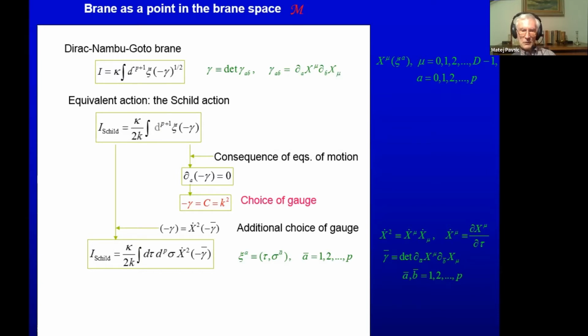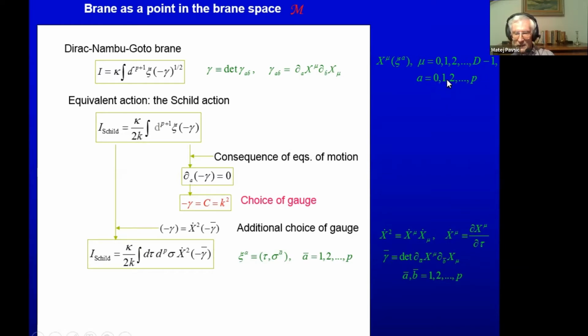Additionally, we can choose a gauge in such a way that the determinant factorizes into these two terms, where gamma bar is the determinant in the space of brane's parameters, whereas A are parameters on the worksheet.